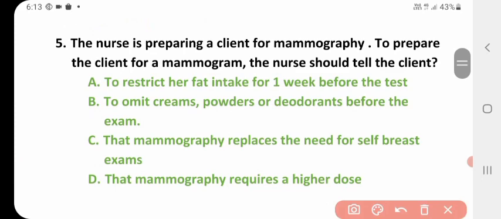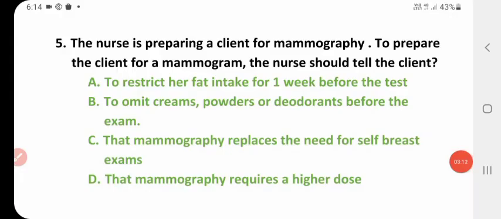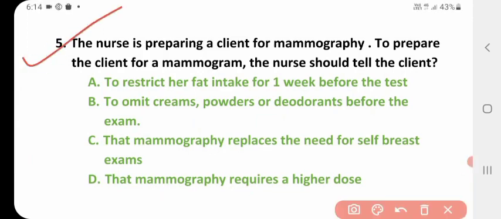Next, move to the fifth question. The nurse is preparing a client for mammography. To prepare the client for mammography, the nurse should tell the client: A, restrict her fat intake for 1 week before the test; B, omit creams, powder or deodorants before the exam; C, that mammography replaces the need for self-breast exam; D, that mammography requires a higher dose.